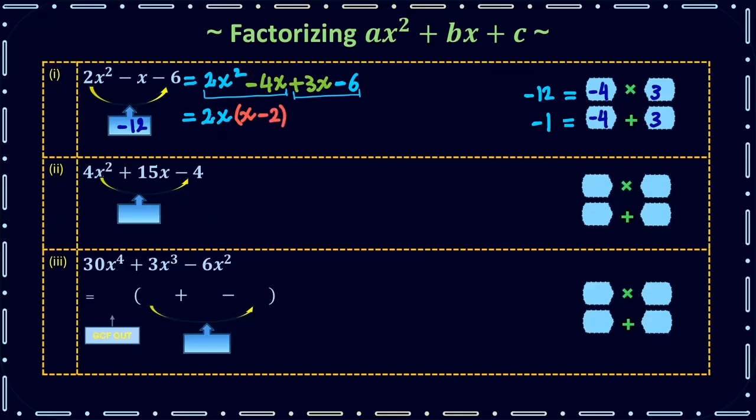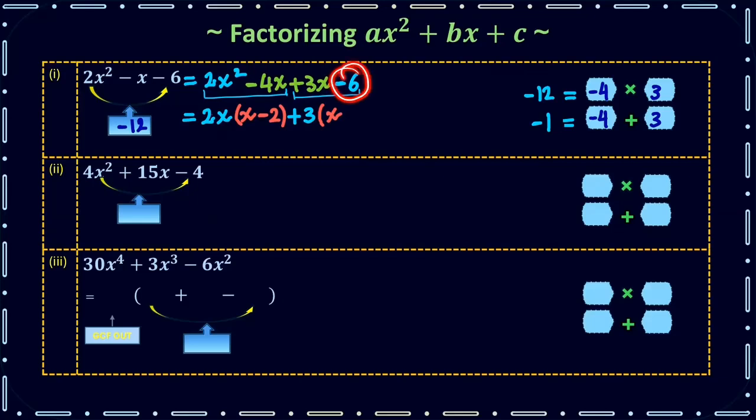For the second group, we have 3x and negative 6. They both have a GCF of 3. Open parentheses to see what goes inside the parentheses. You're going to divide each term by 3. 3x divided by 3 leaves you with x.